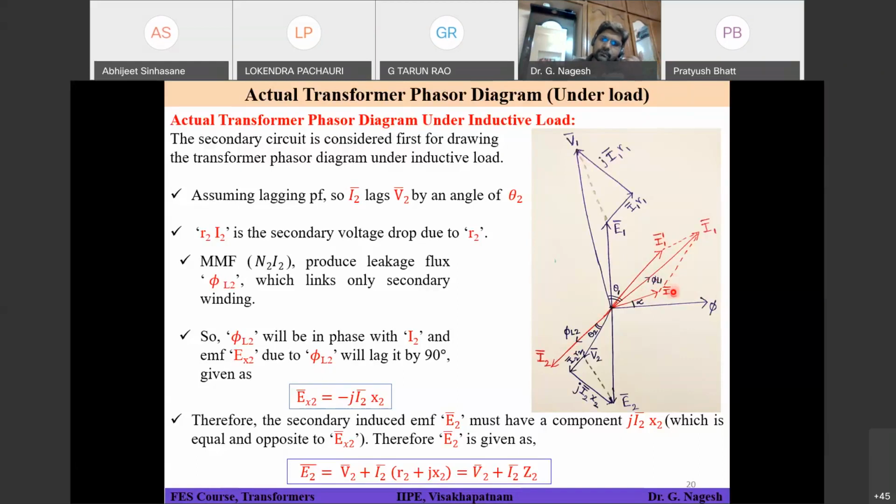For our understanding, we are resolving into IE and I1 dash, but from the transformer's point of view, it is only I1. When the load is not there, I1 dash is not there, and I1 is equal to IE. You are understanding?